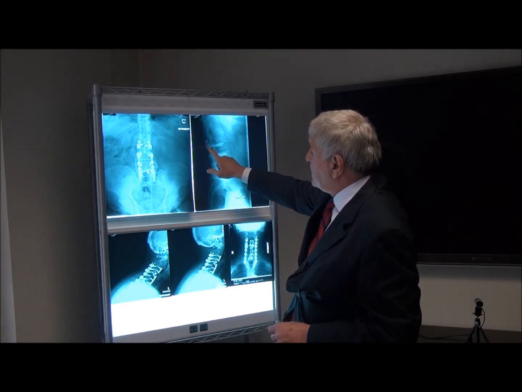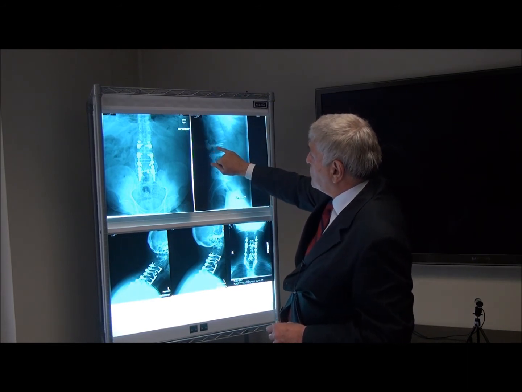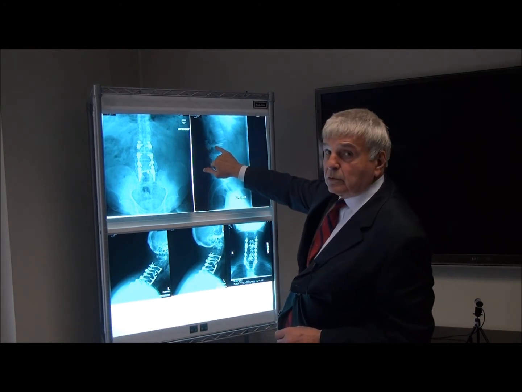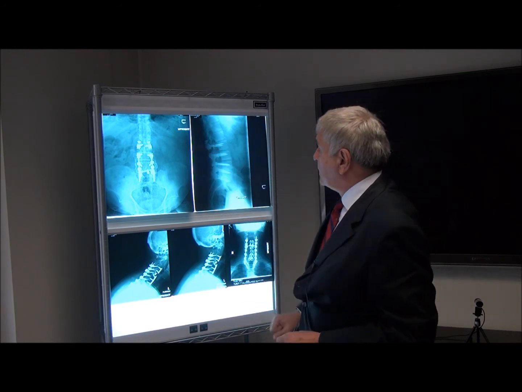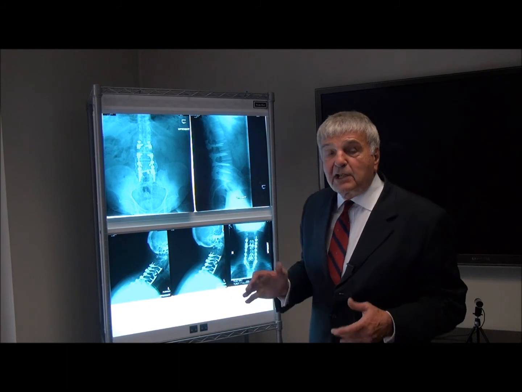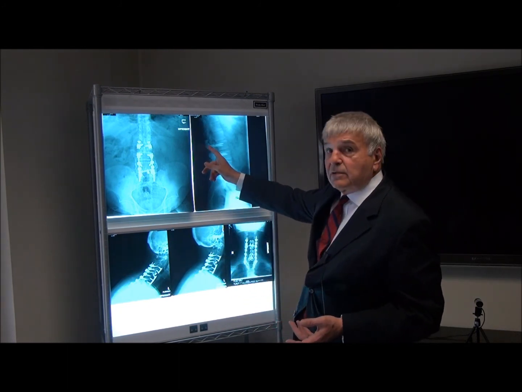So now you've got a plate here with the screws. And by the way, this screw is broken. See that black spot there? That means that the screw was either defective or put in improperly, but it's broken. So here we have an explanation of what went wrong. The surgeon forgot to connect this.